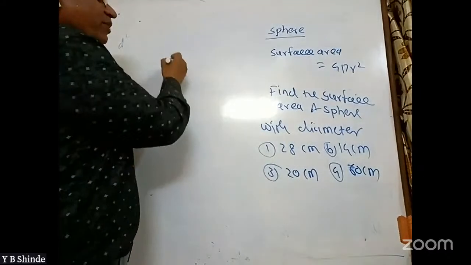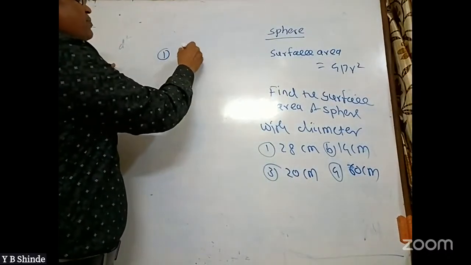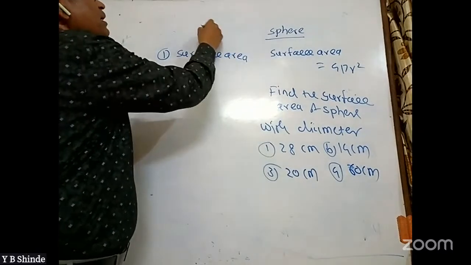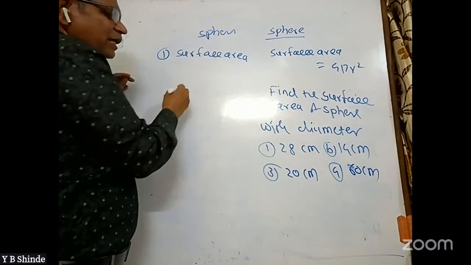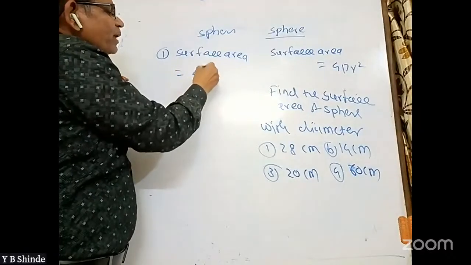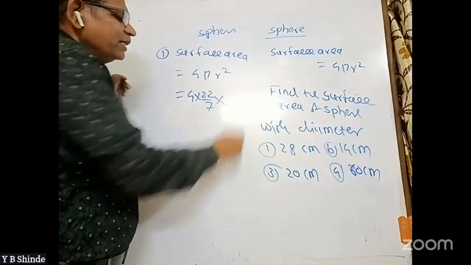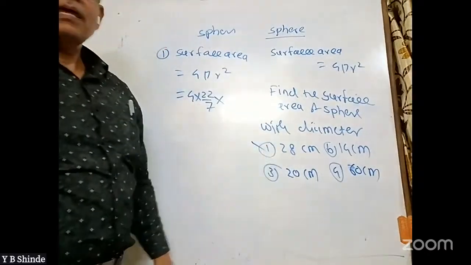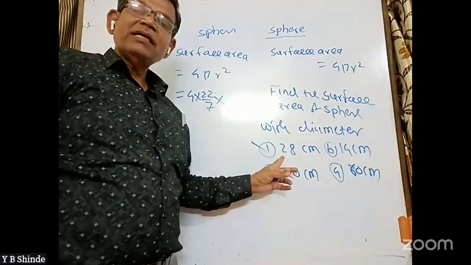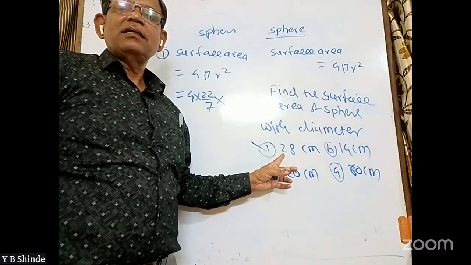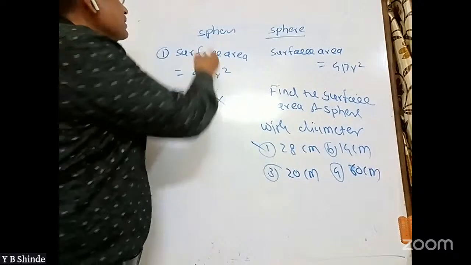What is the formula for surface area of a sphere? I have written sphere. The formula is 4 pi r square. 4 into what is the value of pi? 22/7. What is r in the first problem? What will be the value of r?